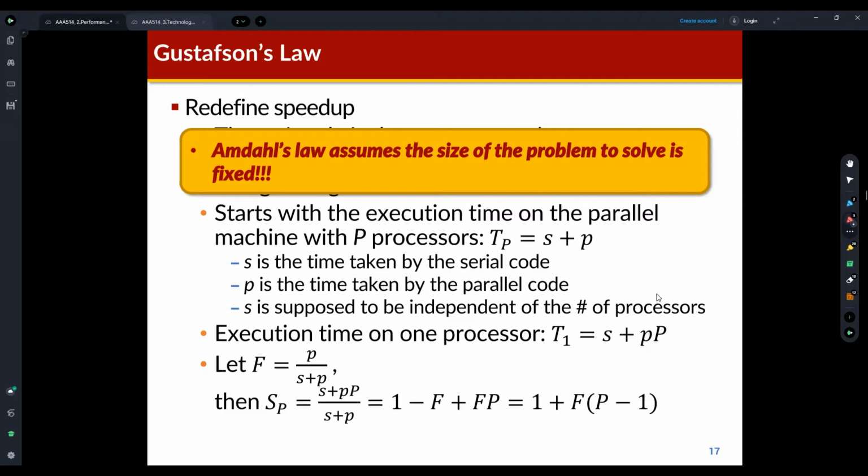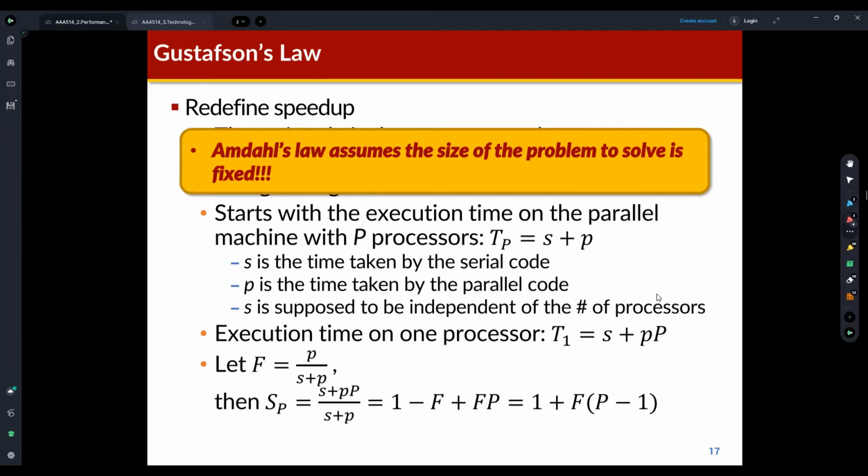But in the real environment, like a server computer system or data centers, many different applications run on the system concurrently. If we apply the multi-core architecture or some more-core systems or parallel systems on this data center or server systems, then the problem size also increases because many applications run concurrently.